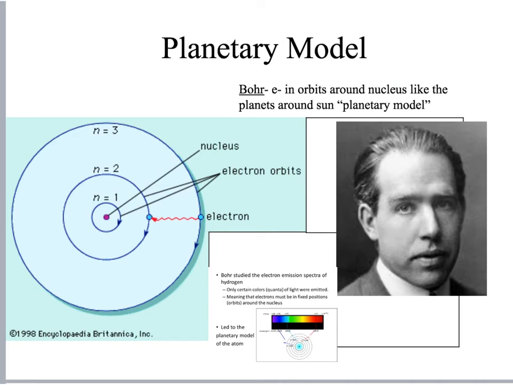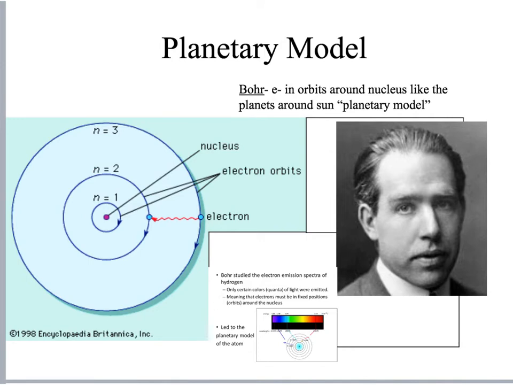Another one of J.J.'s students was Mr. Niels Bohr. He studied with J.J. Thomson, and a classmate of his was Rutherford. Bohr hypothesized that the electrons rotate around the nucleus, kind of like how the planets rotate around the sun, and he's accredited with what's known as the planetary model.